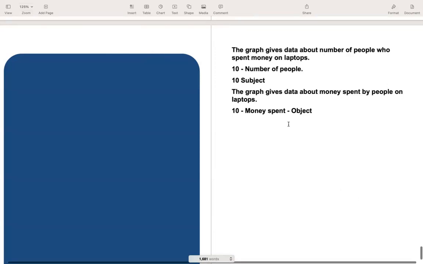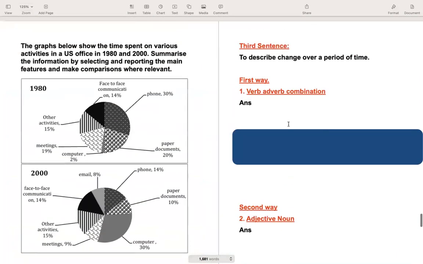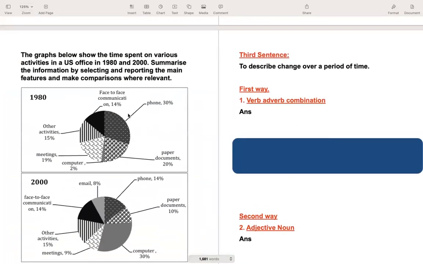Okay, good. If that's clear, I'll show you also. Okay, let's say here, what is the data? What is the graph showing? The graph shows time spent on various activities. Who's spending time? People.